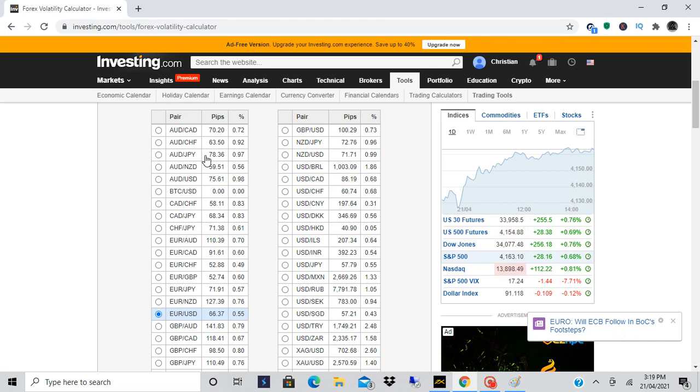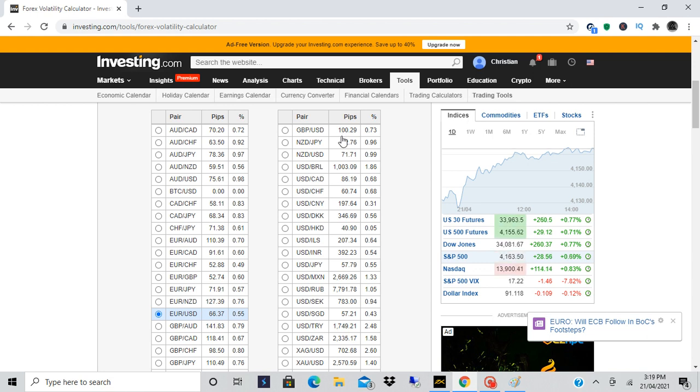GBP USD has an estimated value of 100 pips.